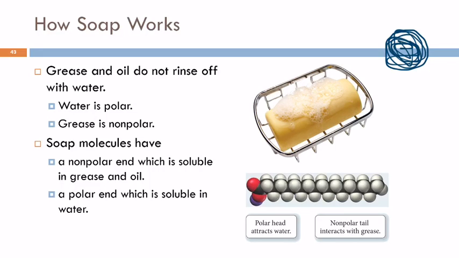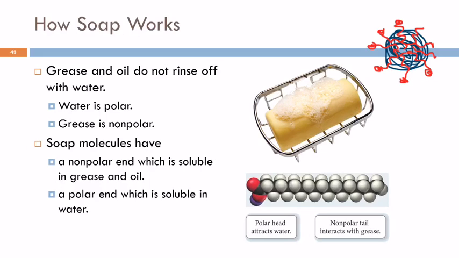And then, I'll use green. What happens is the tails, no, you can't see that. Maybe red. You can see that a little better. The tails of the soap molecules will get into the grease because they are also nonpolar. And then you've got the polar heads out here.